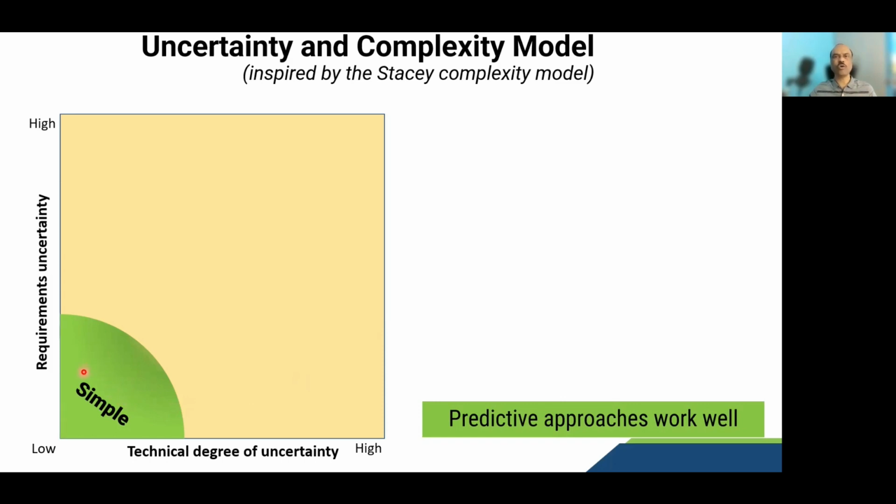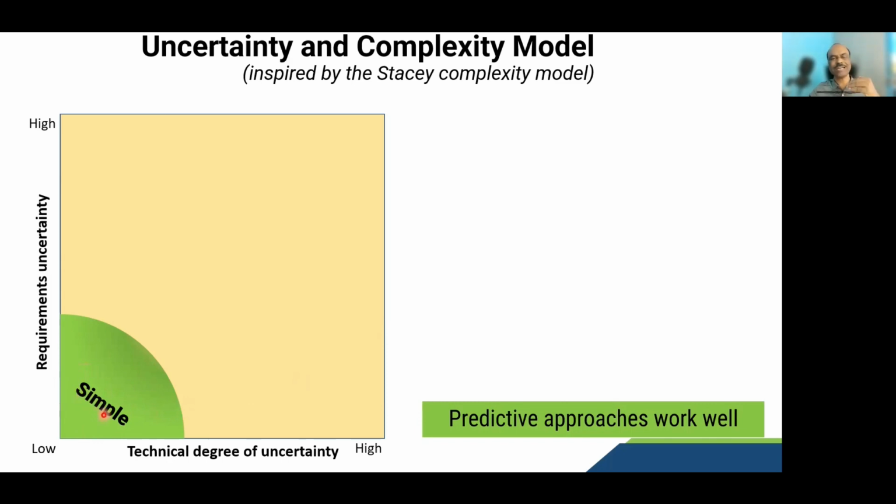You don't need to follow any kind of adaptive approach here. I can straight away start the project, work on the deliverables, complete the project and then deliver to the customer. So simple is at the bottom half of the uncertainty model, where the requirements are clear and the technical degree of delivery is also clear.